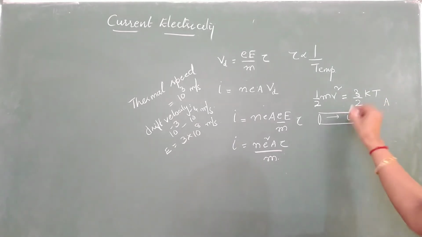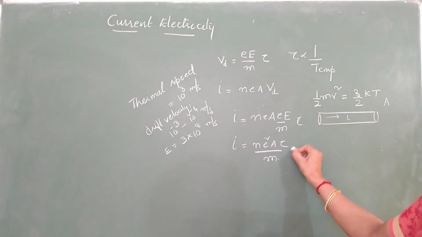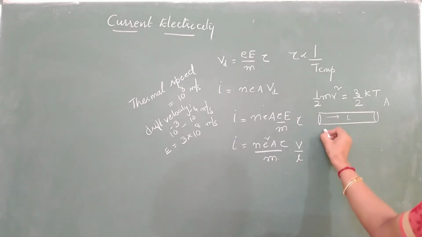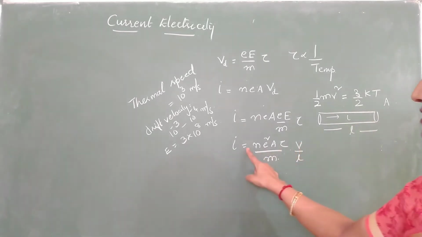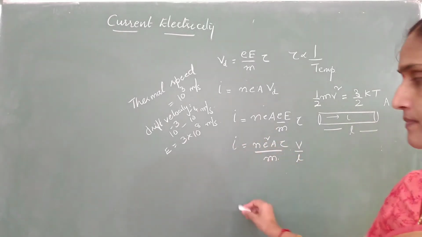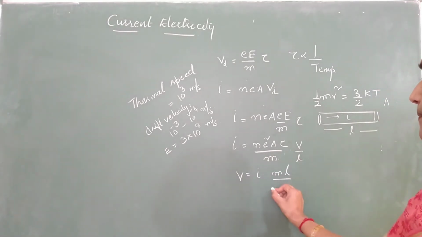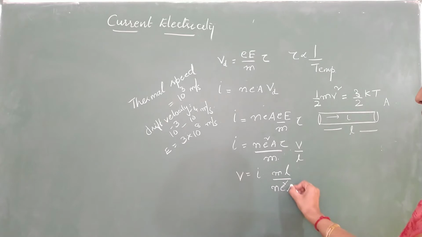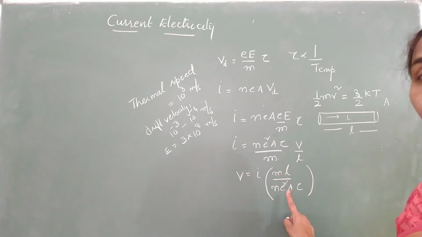The current in this is I. In such a case, we can write the electric field as potential difference by the length of the conductor. We have got V is equal to I into some constant, V is equal to I into m l by N e square A tau. All these terms will play the role of resistance.